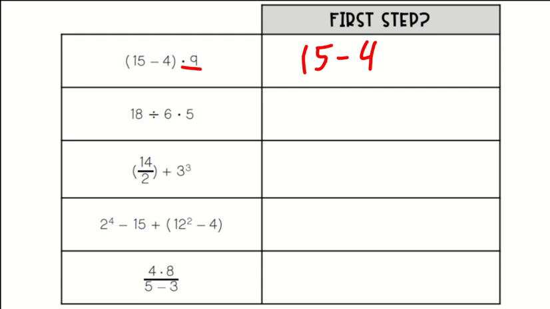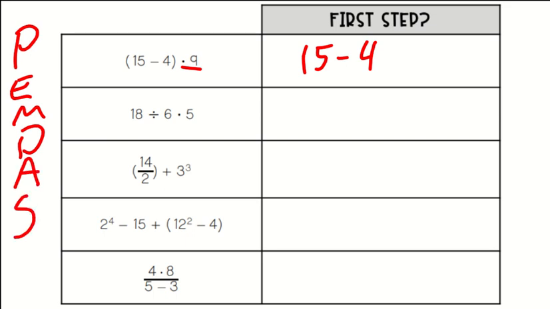All right, second one. What's our first step? 18 divided by 6. Even though, as we just said, we think of it as PEMDAS, these two, multiplication and division, are done at the same time from left to right.